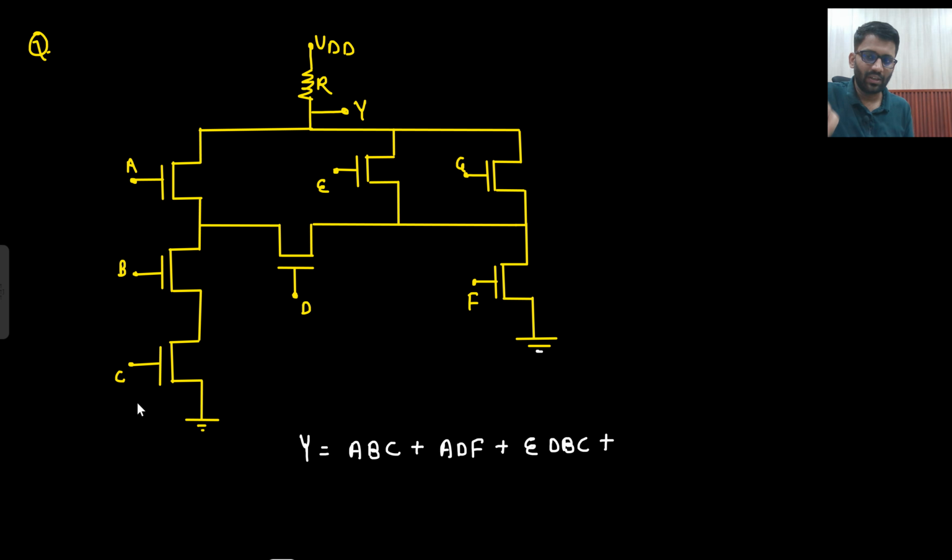Or GDBC, or EF, or GF. All these will make Y equal to 0. So a bar I need to put.